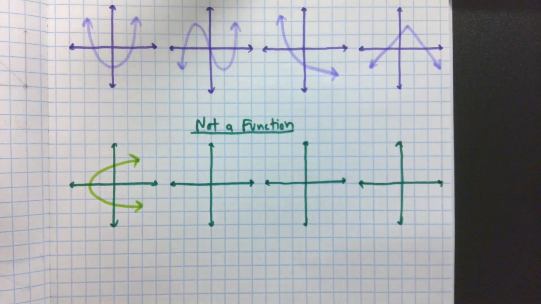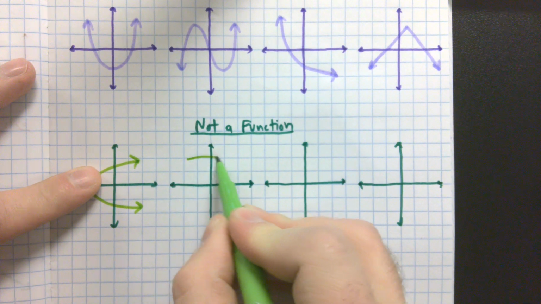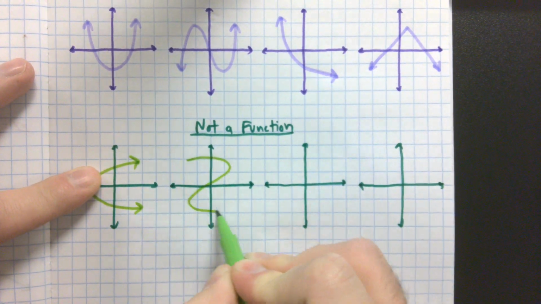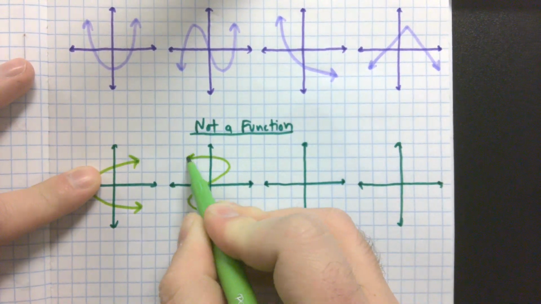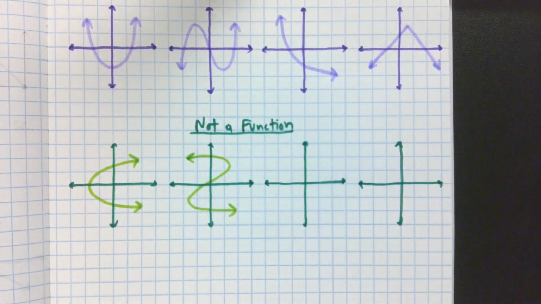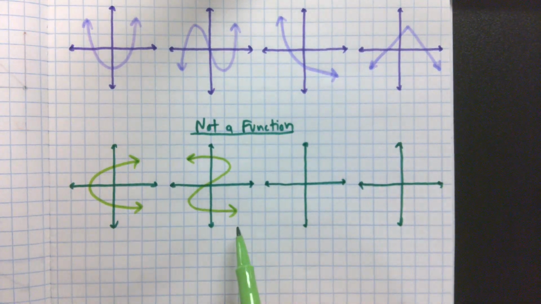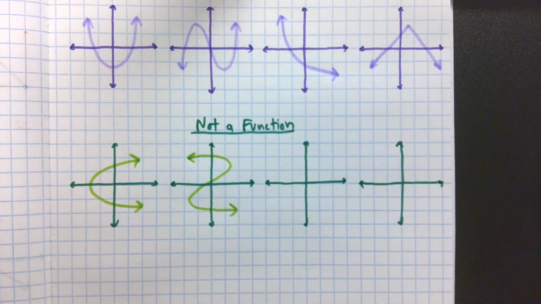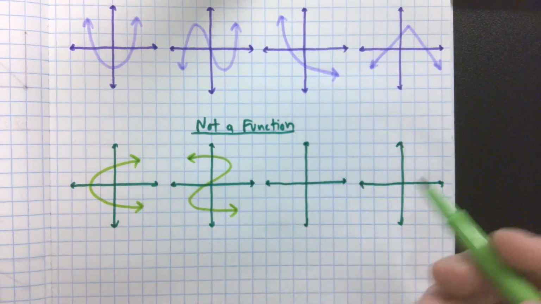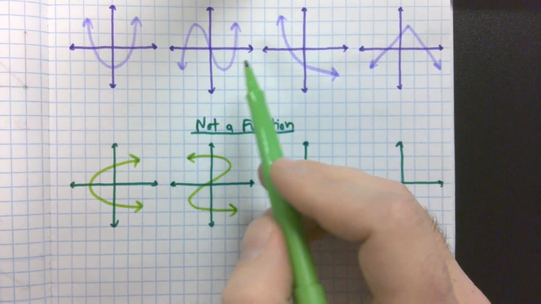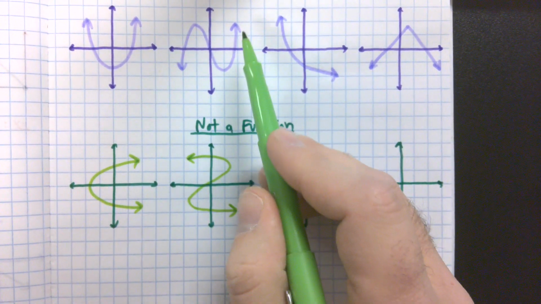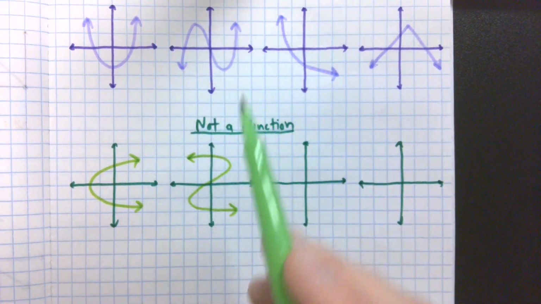Let's take a look at what else is not a function. That's like a backwards 2, or a backwards S, or a Z. Any of those things. So this little squiggly N here is a function.